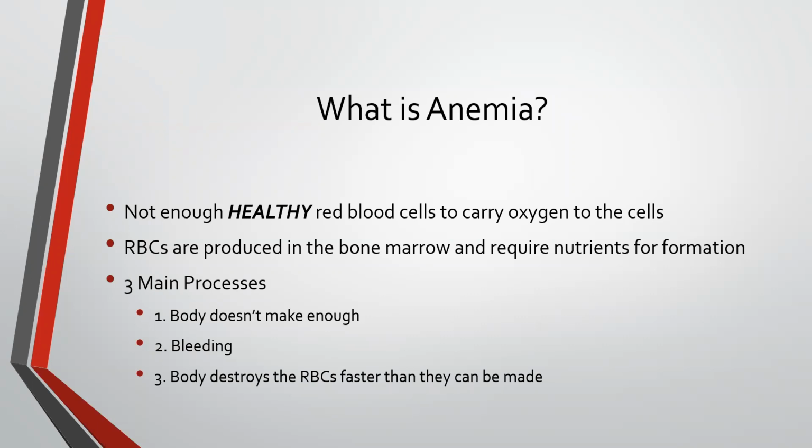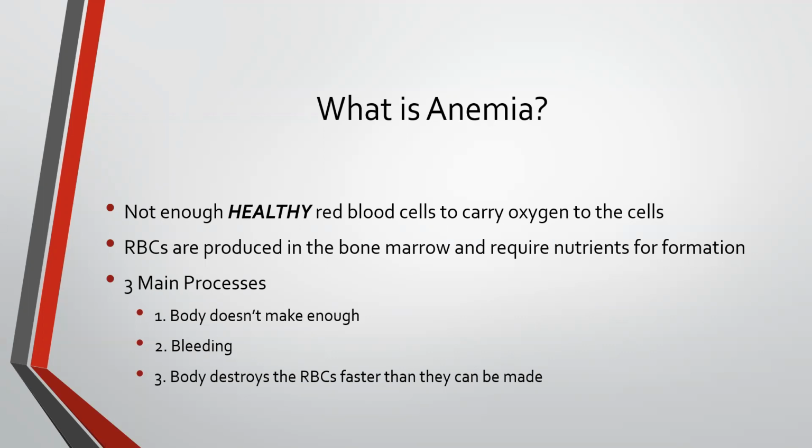Basically, red blood cells get produced in the bone marrow, and the bone marrow requires certain nutrients like B12, folic acid, and iron to get these red blood cells formed, particularly hemoglobin. There are three main processes by which a patient would develop anemia. One, your body doesn't make enough, and we're going to talk about these individually.